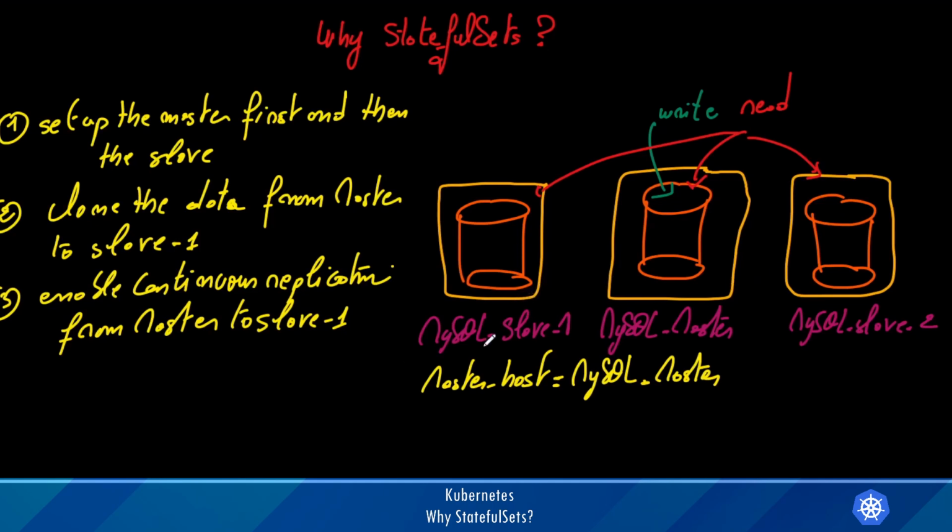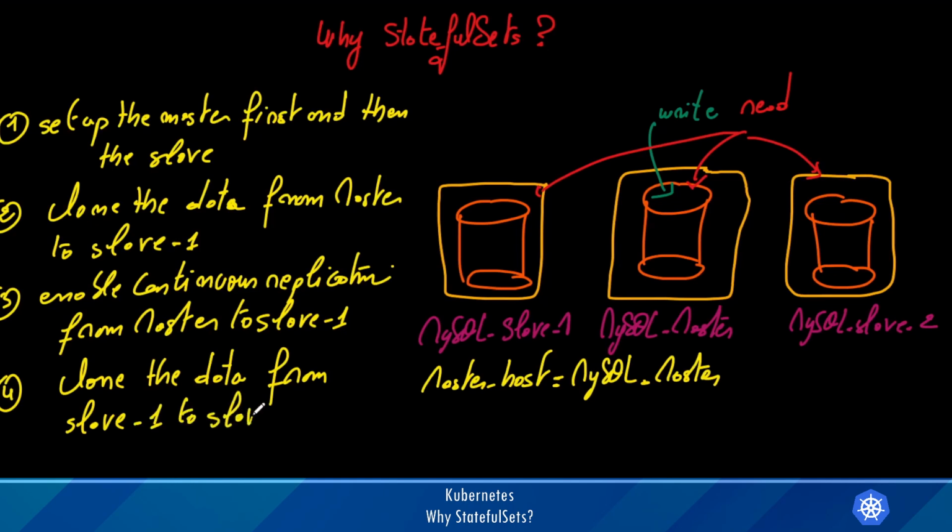Let's now move to slave 2. The same thing for slave 2. Here we have to clone the data. We can clone the data either from the master or from slave 1, because the data written to the master instance is available also in slave 1. So we can clone the data from slave 1 to slave 2.